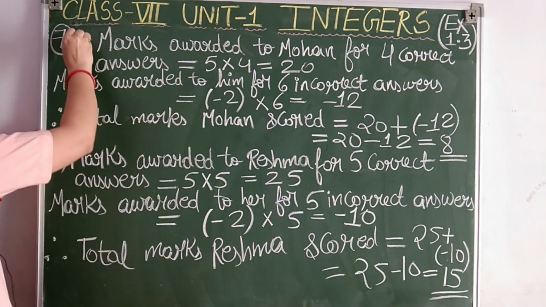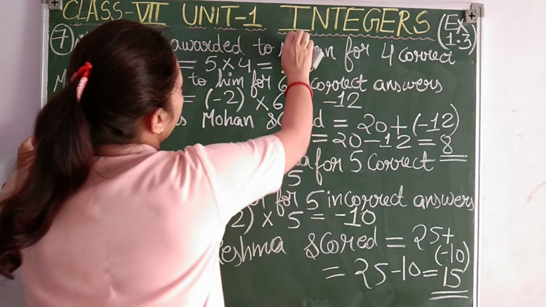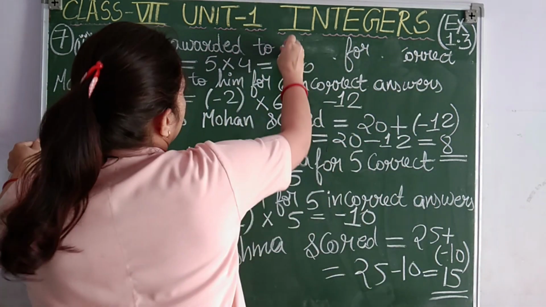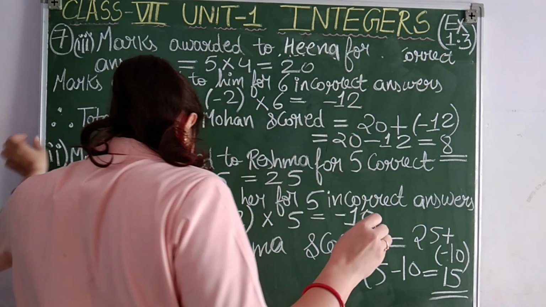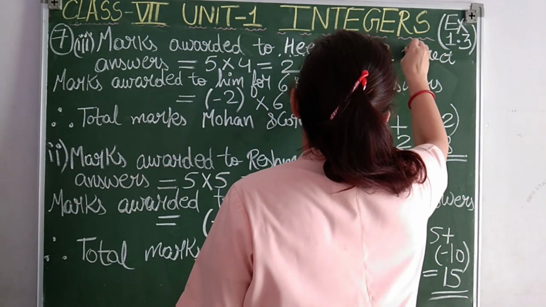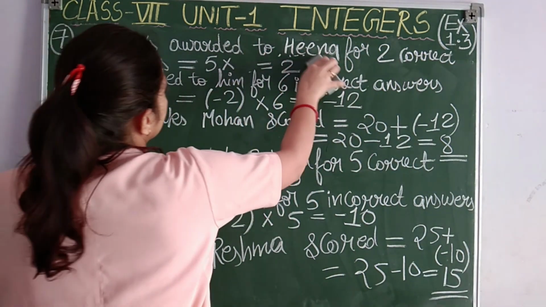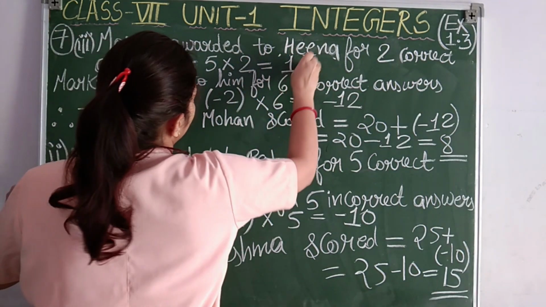So the third point. Marks awarded to Hina for 2 correct answers. So it will be 5 into 2, 10 marks she got.